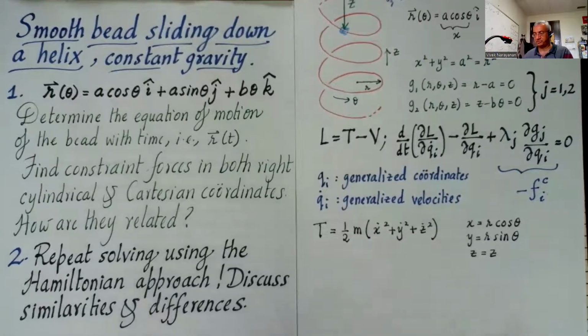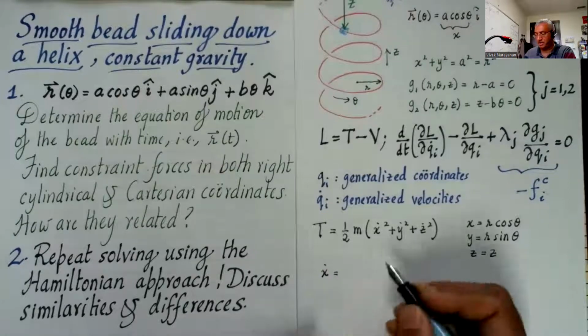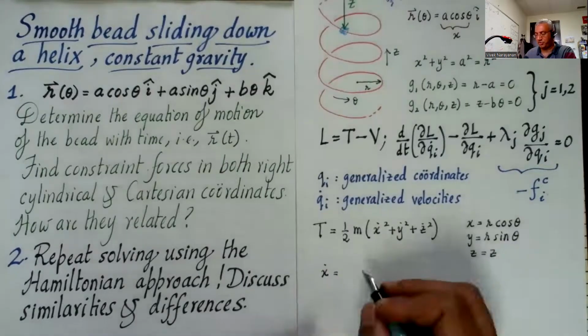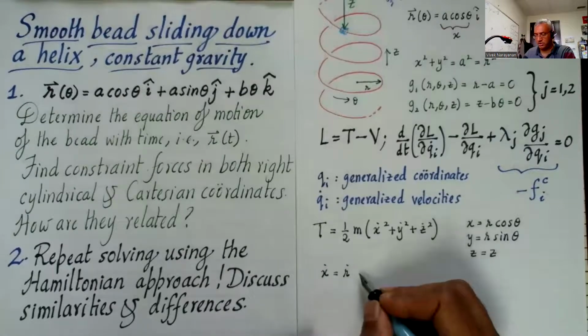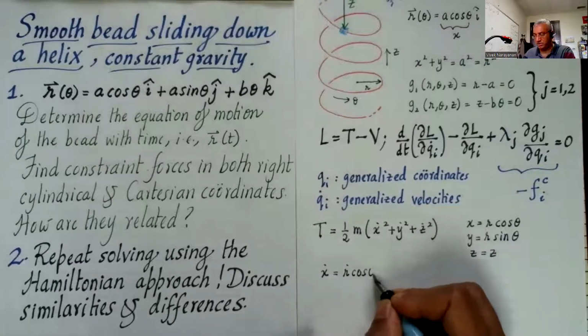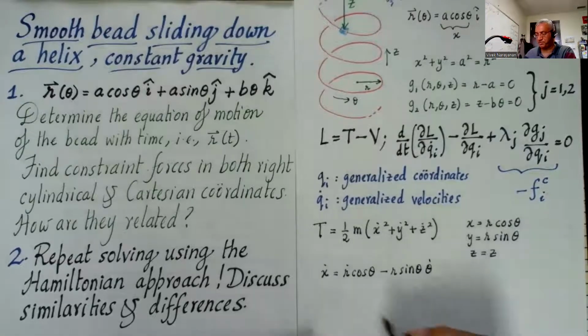right cylindrical. So when I differentiate both sides with respect to time, I can use the product rule because r and theta are both functions of time. So I get x dot equals r dot cosine theta minus r sine theta theta dot.